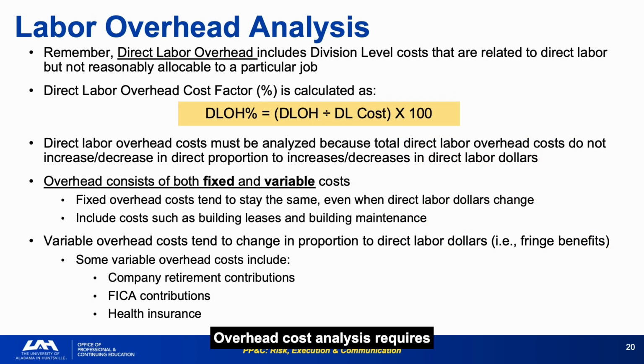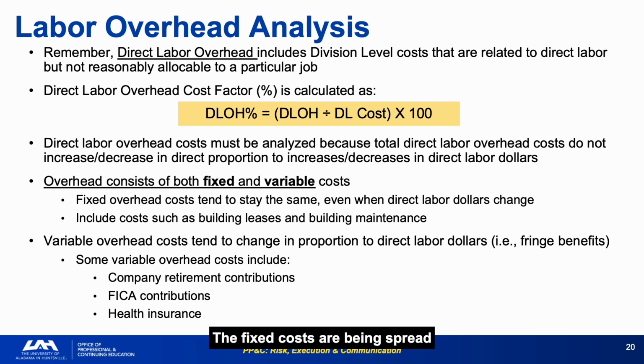Overhead cost analysis requires distinguishing between fixed overhead components that stay constant as direct labor changes and variable components that move proportionally. The interaction between these two is what creates the inverse relationship between overhead percentage and direct labor base. Fixed overhead costs, such as building leases, do not disappear when headcount drops, which is why the overhead percentage increases when direct labor decreases.